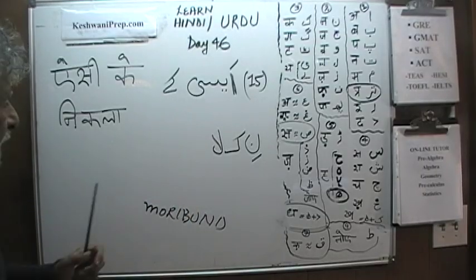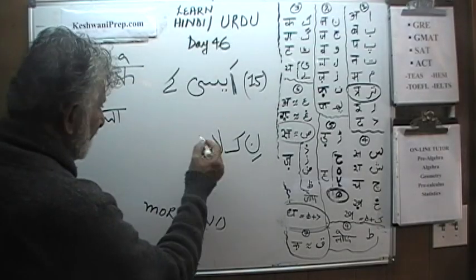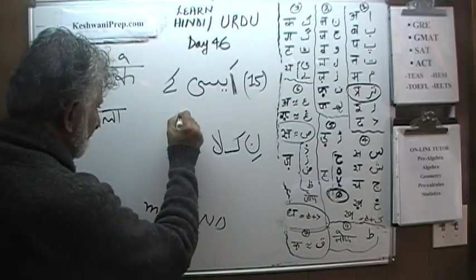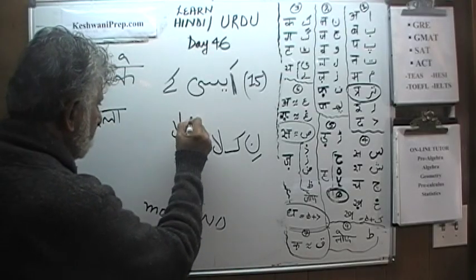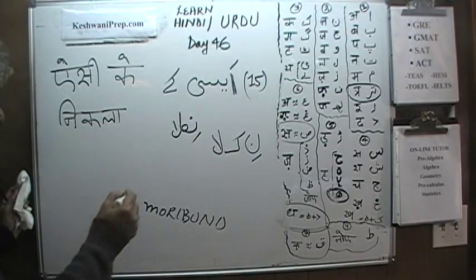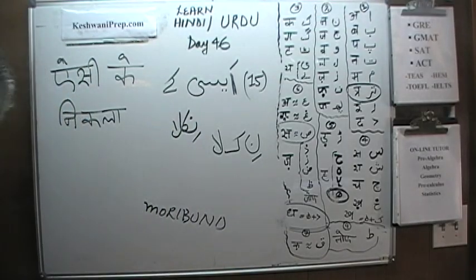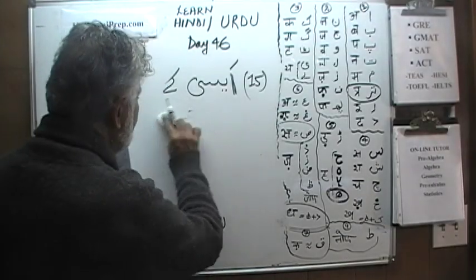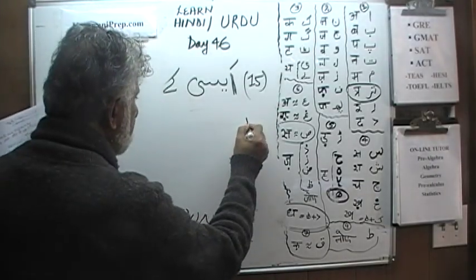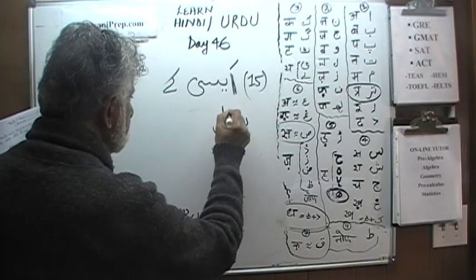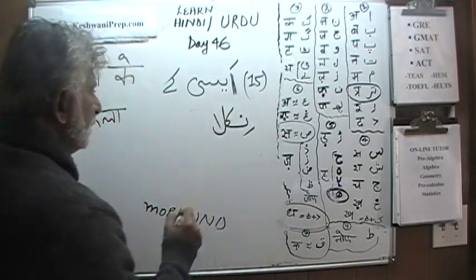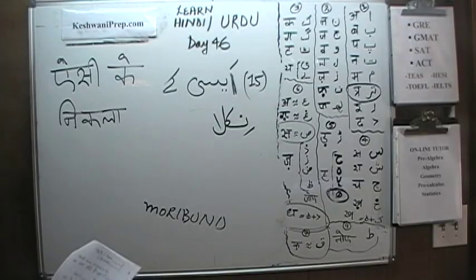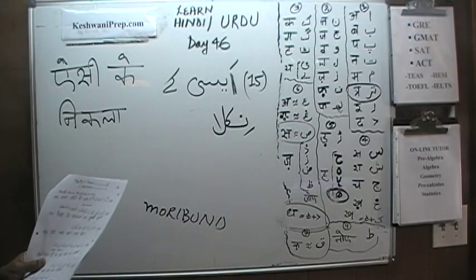Aisi ke nikla. So let's put it together. Ni, ka, la. There we go. Nikla. I'm going to rewrite it because I don't like it the way it's written. That's much better. Aisi ke nikla.